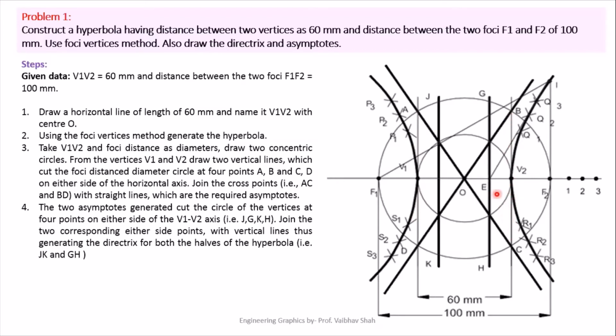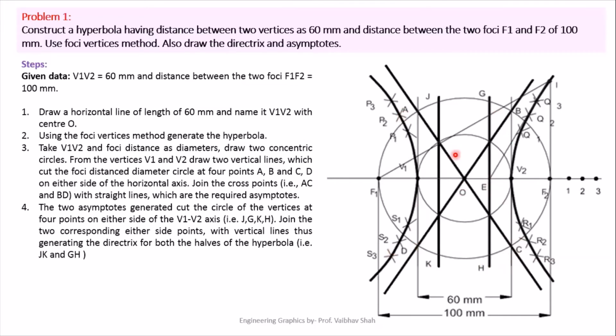These vertical lines will intersect the previously drawn circle somewhere here, here, down here, and here. Let us name these points A, B, C and D.